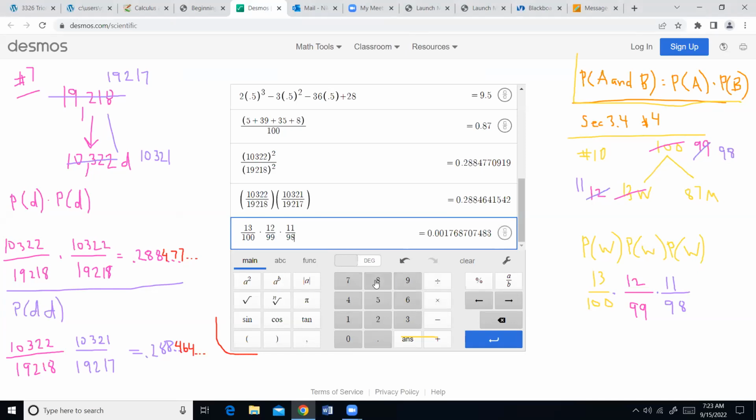I love this calculator. It just so nicely shows whatever you need to calculate, right? So I recommend that you check it out, this Desmos. So we have 2 zeros and then 176... When I look at such a probability, which is less than 1%, actually a little bit more than 1%, I would say that this is unlikely to have such a selection.